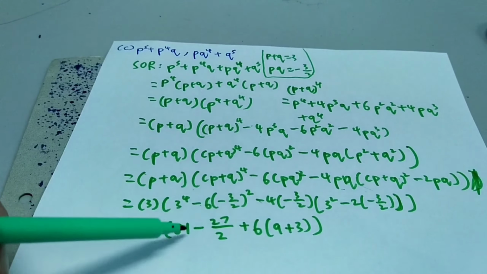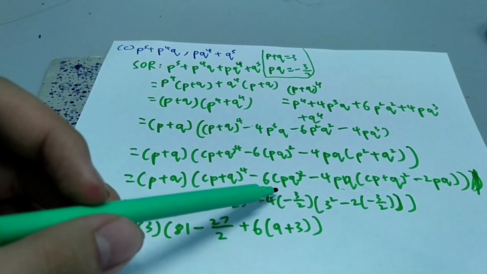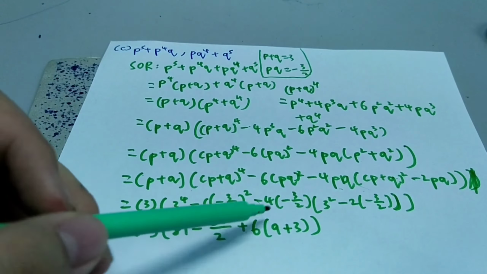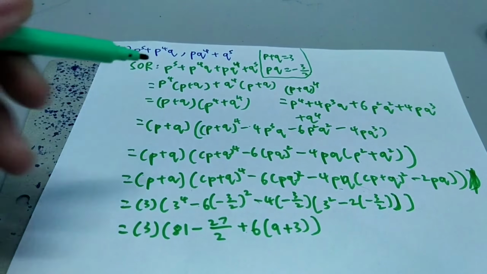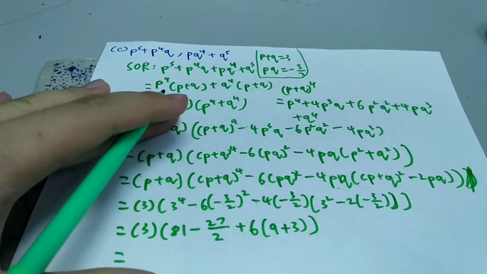So this is here and this is here, and then this thing is here plus 3.